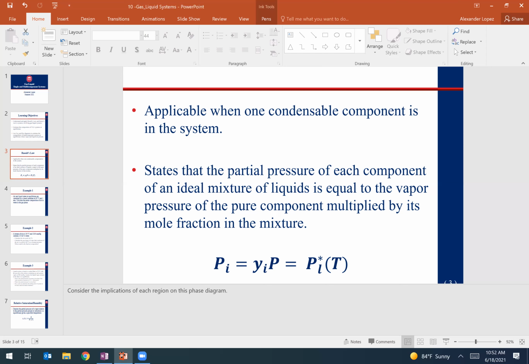All right, so for the first part of this problem, I asked, what's the partial pressure? According to Raoult's law, when we're at saturation, the partial pressure P sub i is the vapor pressure, P i star. The vapor pressure in the problem is 200 millimeters, so the partial pressure is 200 millimeters.